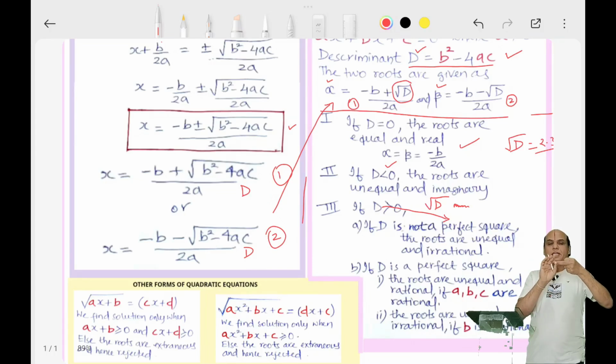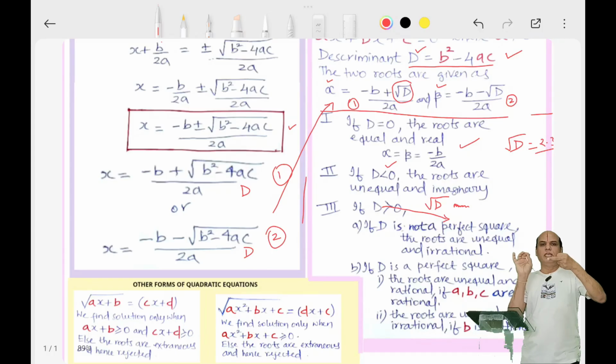When D is greater than 0, when D is positive, then two situations arise: D is a perfect square or D is not a perfect square. When D is not a perfect square, the roots are irrational. When D is a perfect square, then look at the coefficients A, B, C. If they are rational, roots are rational.